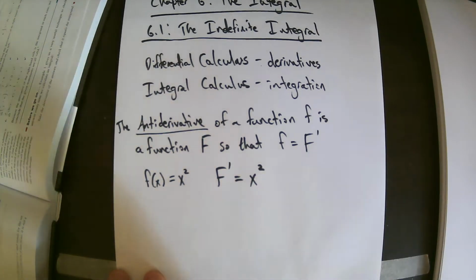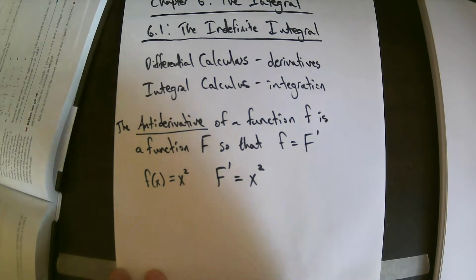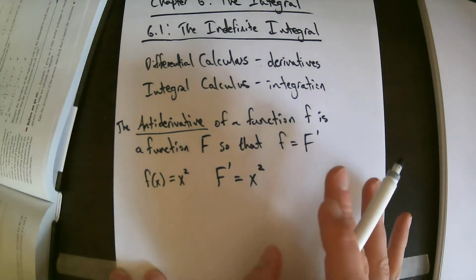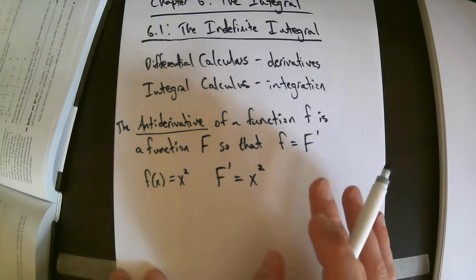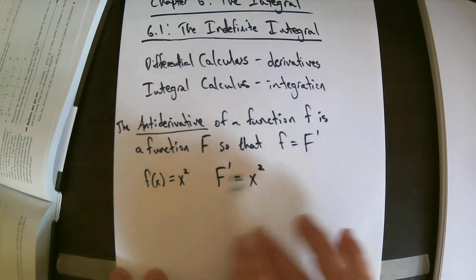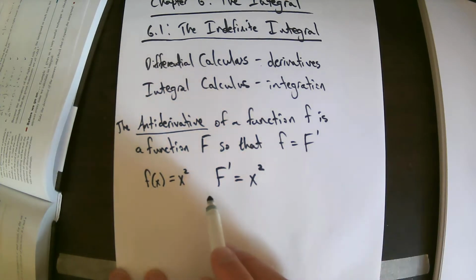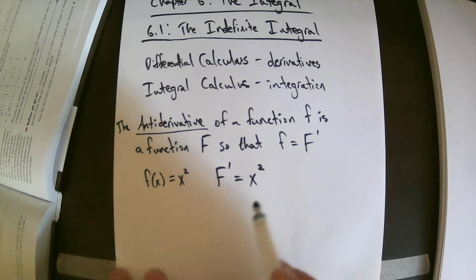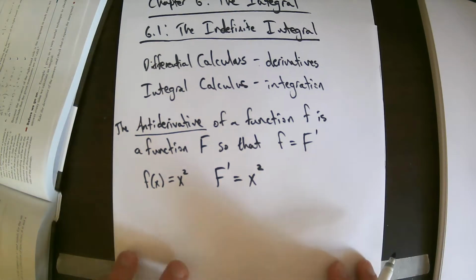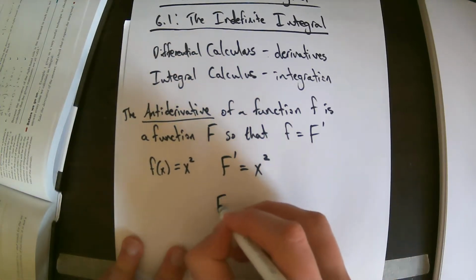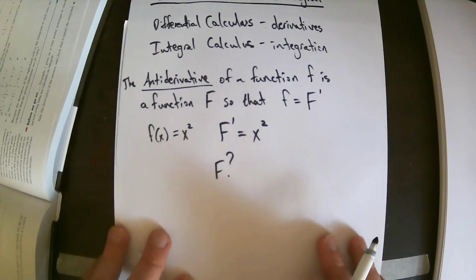And this is the name of the game for integration. We're going to define rules that make this easier in a little bit, but you're trying to think backwards, trying to think of a function so that when you take its derivative, you get x squared. So what could capital F be here?